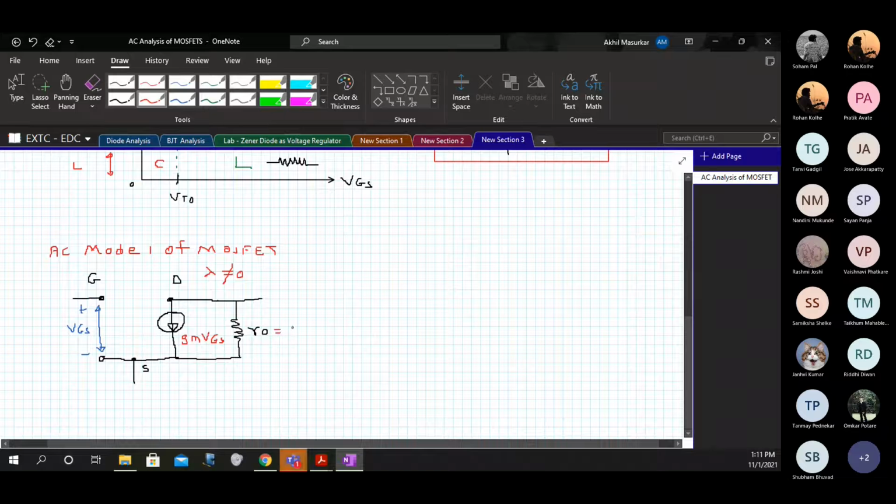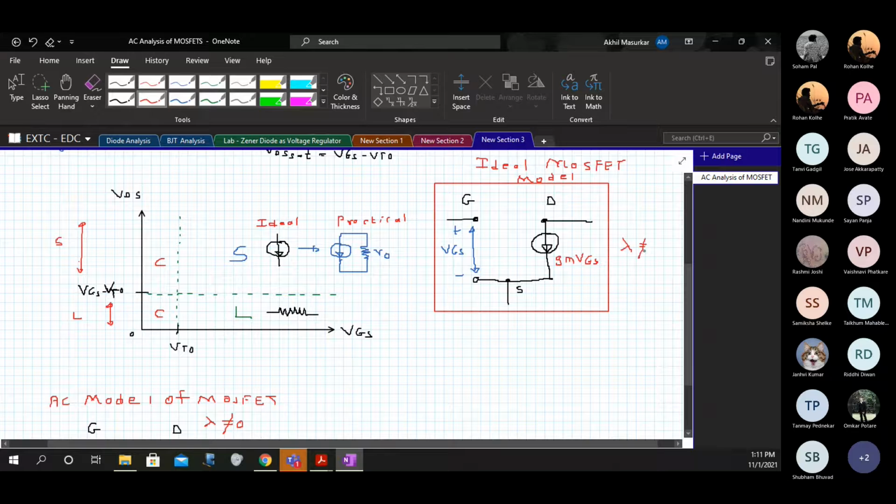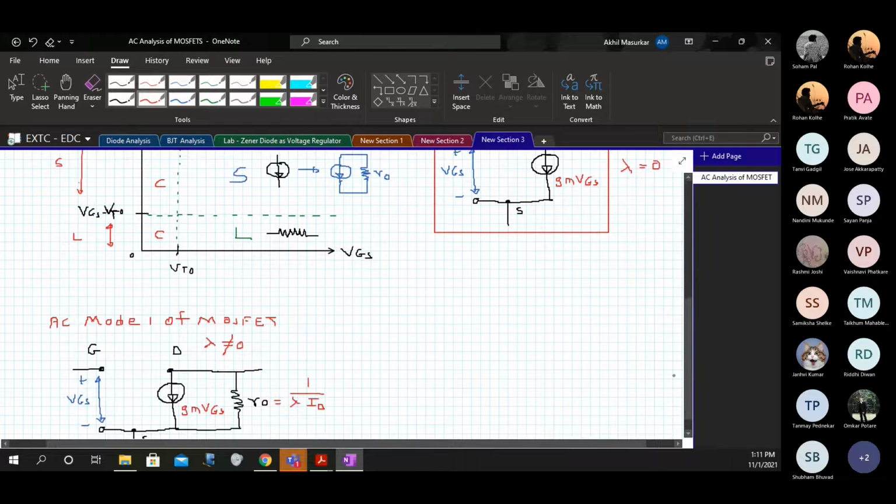The value of this R naught is 1 upon lambda times ID. In this case, we can say lambda is equal to 0. So lambda not equal to 0 means CLM is present, and here we say no CLM, channel length modulation.